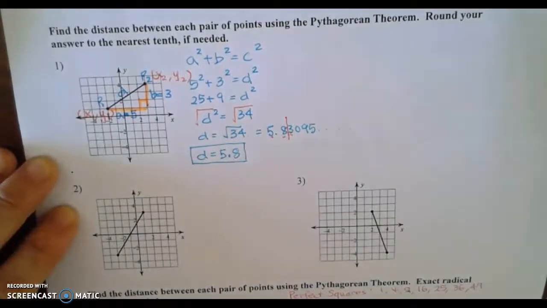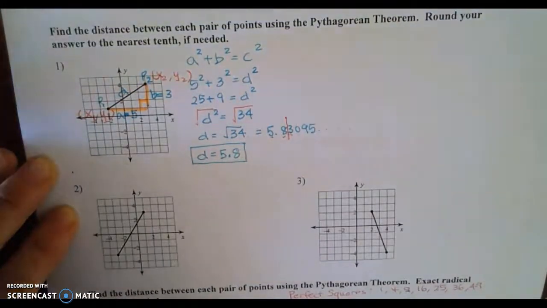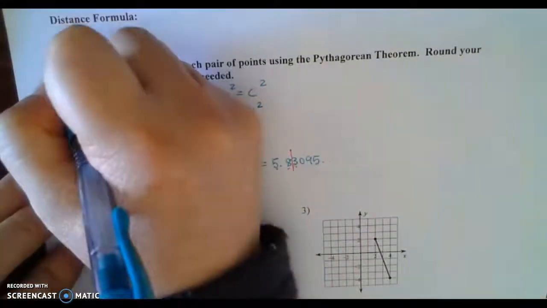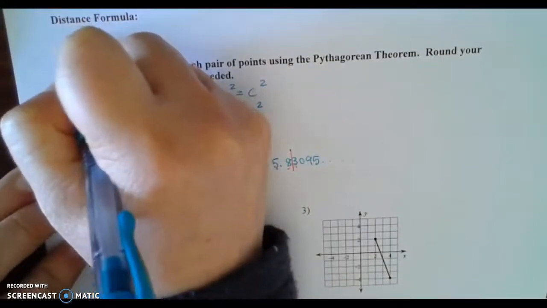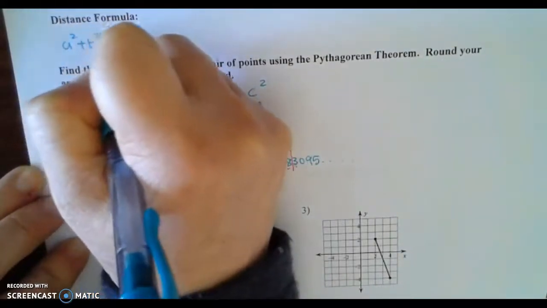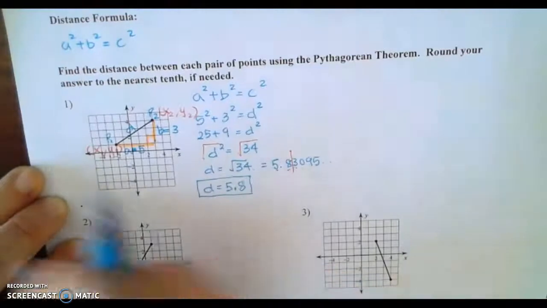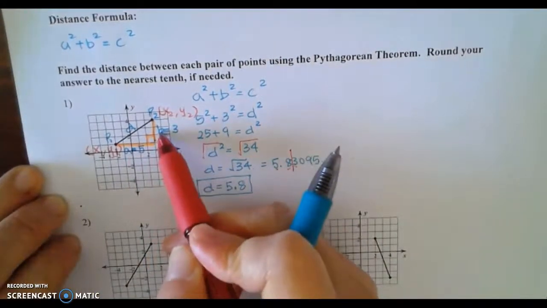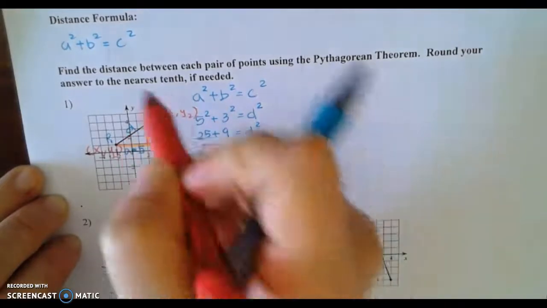Okay? Now let's look at the Pythagorean theorem that we started off with. Pythagorean theorem says a squared plus b squared is c squared, or d squared.